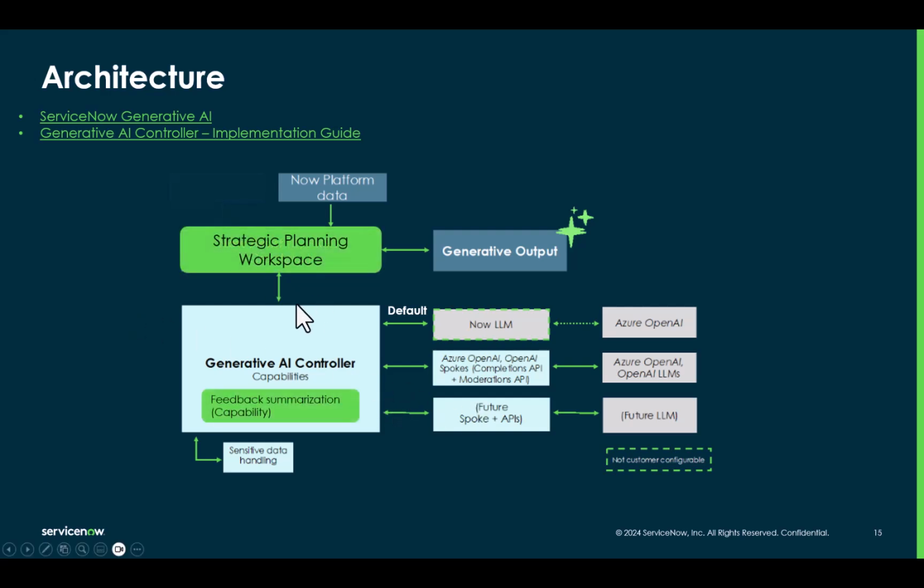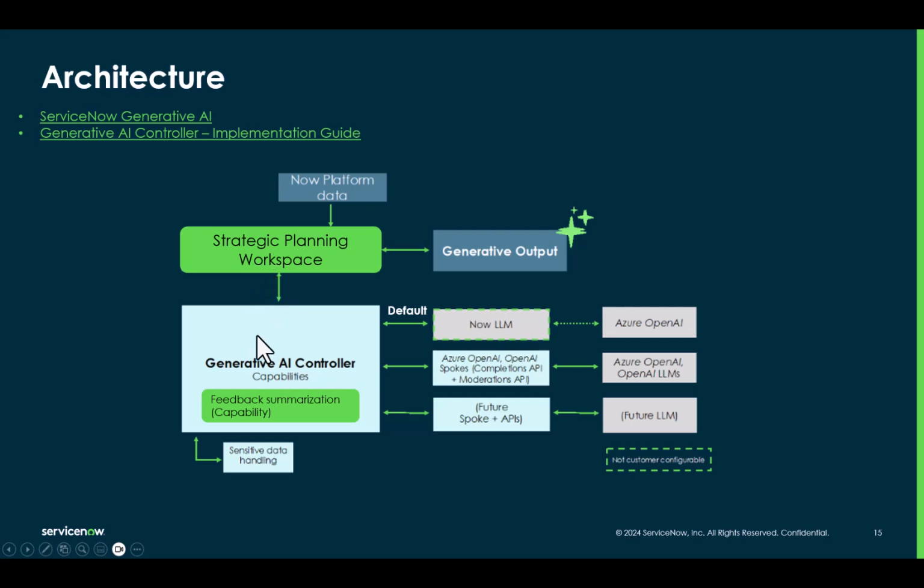Okay, so if we focus on the capability we're talking about, feedback summarization is based on Now platform data, because it's based on the feedback information, name, description. The strategic planning workspace leverages Now Assist.